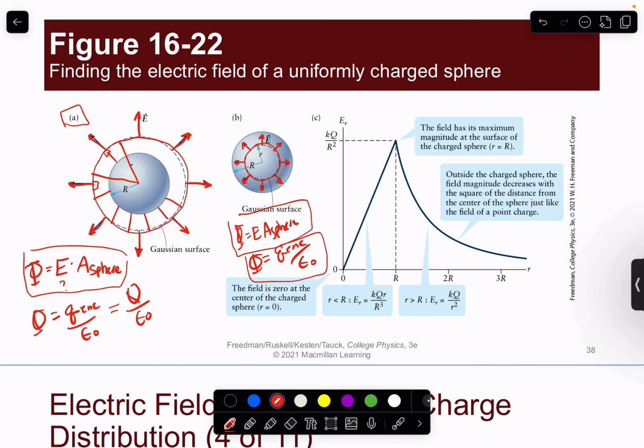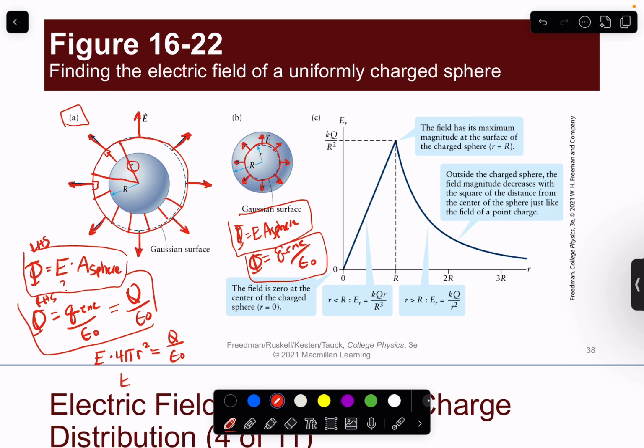Now I can set my left-hand side of Gauss's law equal to my right-hand side of Gauss's law. So I see my electric field that I don't know times the area of the sphere that I chose, which happens to be little r, is equal to the right-hand side, which is the charge enclosed, big Q over epsilon naught.